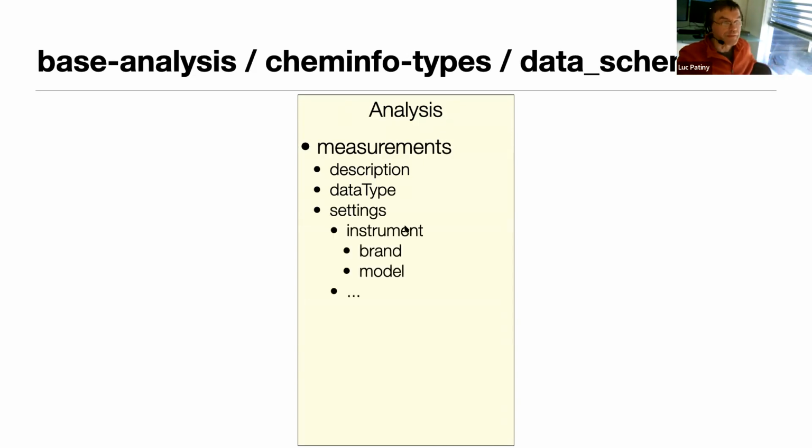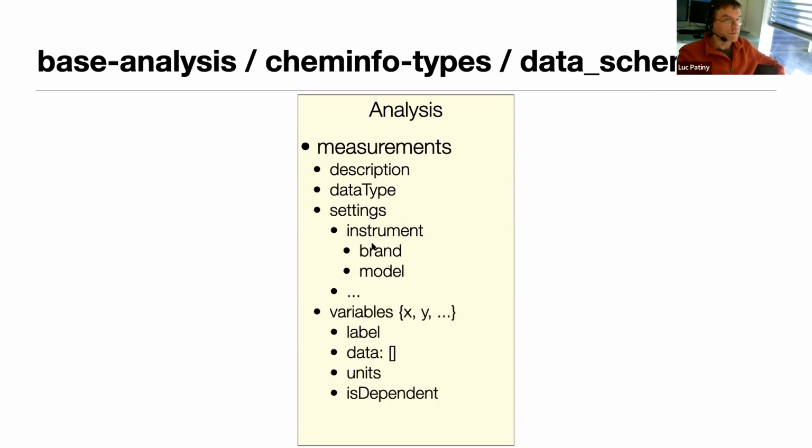We will have some settings. Settings will contain information about the instrument, brand, model, but also some information important for this specific kind of analysis. If I make an infrared spectrum, maybe I would like to know the temperature. Or if I make a boiling point, I would like to know the pressure, or things like that.